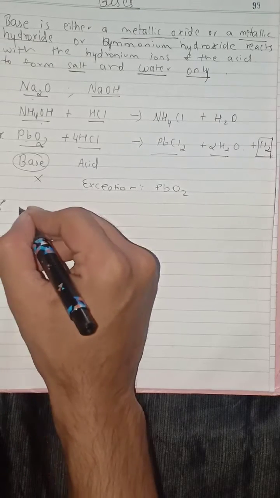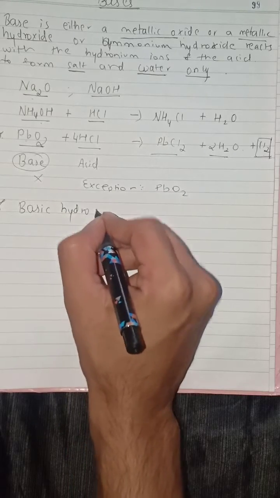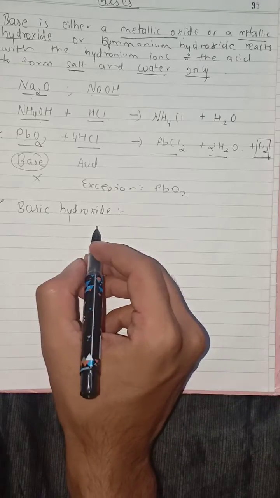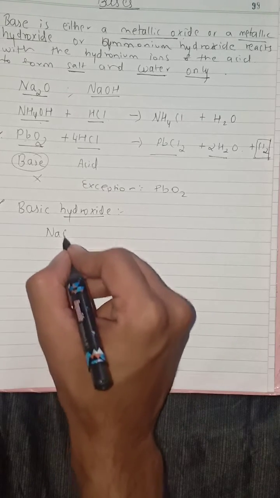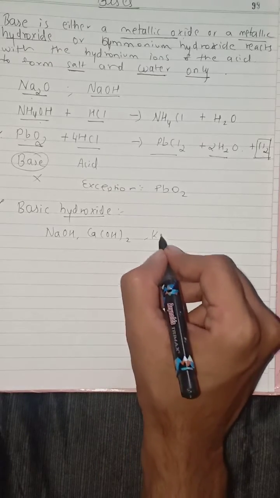Now basically every basic hydroxide contains OH, like NaOH, calcium hydroxide, KOH.